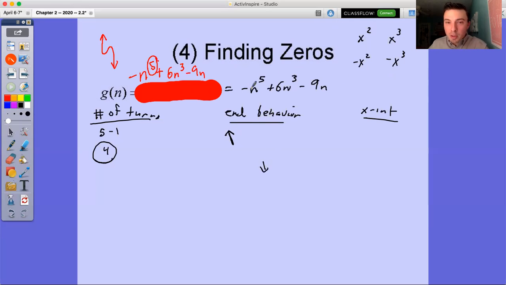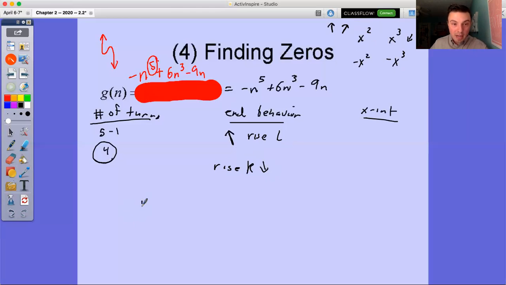But all you really need to know is it's like x cubed because it's odd, and it's negative, so it's the reverse of x cubed. All you really have to memorize is what x squared and x cubed look like. This one goes up and that one goes up, and this one's opposite that. And this one starts down and then goes up, and this one's opposite that. You don't really need to know anything else. Okay? So we know it's going to rise right, rise left, and rise right.